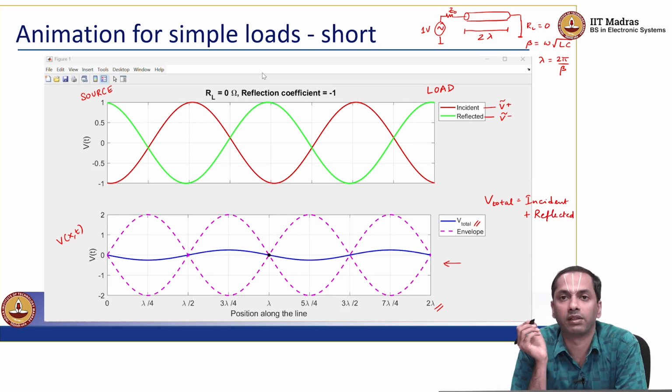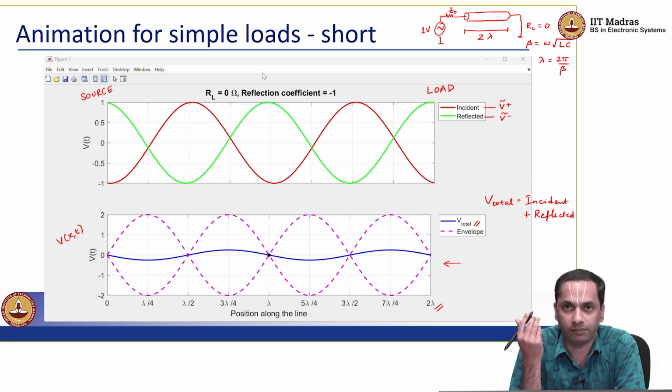So in this time domain analysis for a single frequency excitation, hopefully this animation stands as a good picture for what is happening along the transmission line. Even though the red and the green curves cannot be separated in a given transmission line, what we measure is V total.